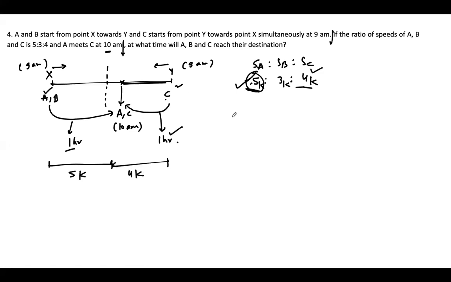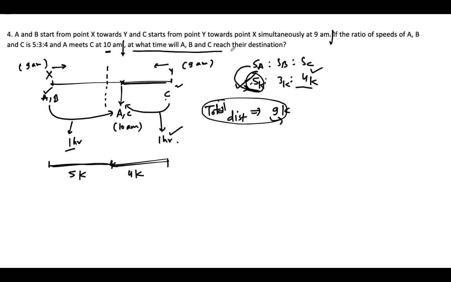So what is the total distance? 5K plus 4K, which is 9K. If you have distance and speed information in terms of K, can you not find at what time A, B, and C will reach their destination?